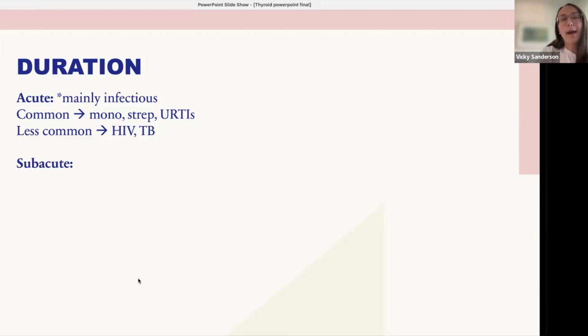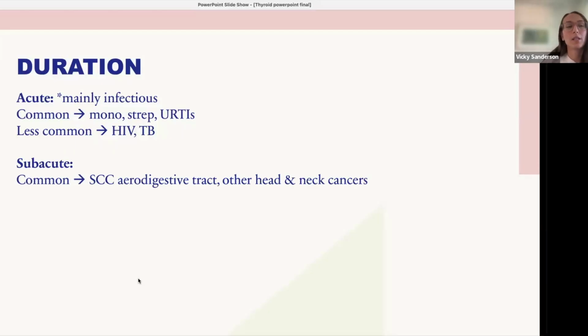For subacute masses, we're getting into the territory of potential squamous cell carcinomas and other head and neck cancers. So they don't come on super fast. They can be a bit more slow growing and insidious. But again, these are lumps and bumps that aren't going away.